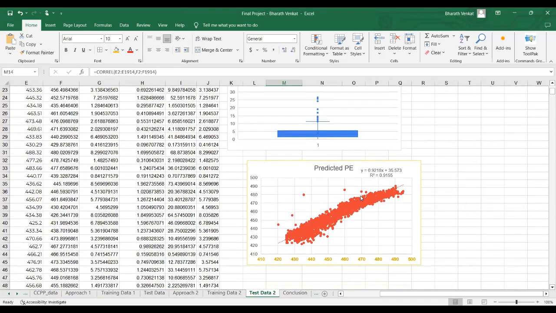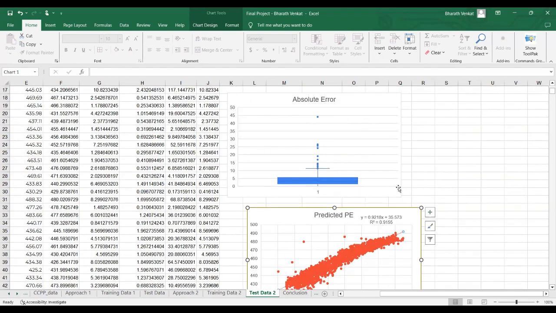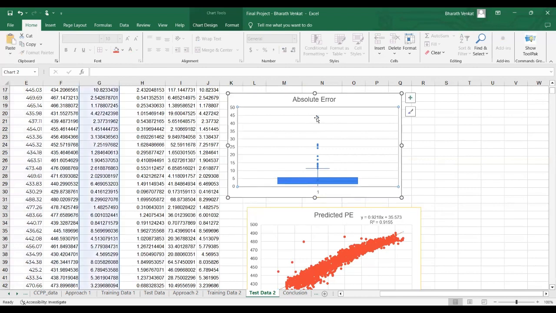When we plotted the predicted PE versus the actual PE, the R square is a little lower: 0.92 there, and 0.91 here. Like I said, it's a little lower, but still very close and pretty linear. In the absolute error here we also see an outlier, which again tells us there is something weird going on with that particular data point. Maybe there is an environmental variable that we need to consider, or maybe we need further analysis on this.